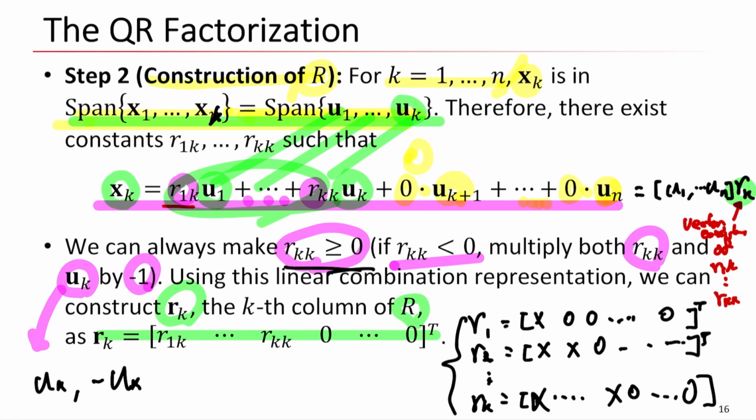So this is the definition of rk. Then we show that there exist some constant values here to define the matrix R, the vector rk, right?